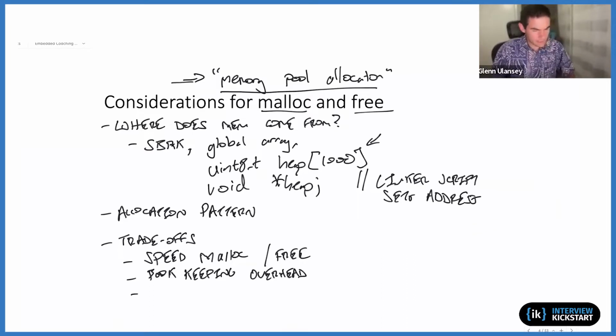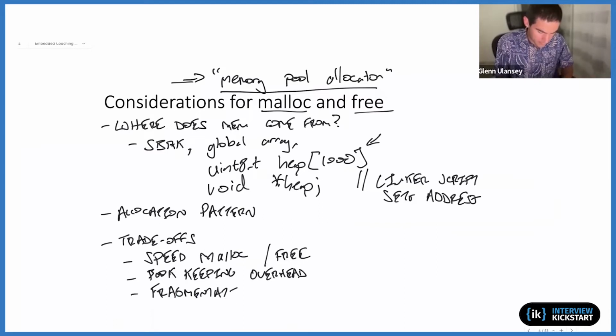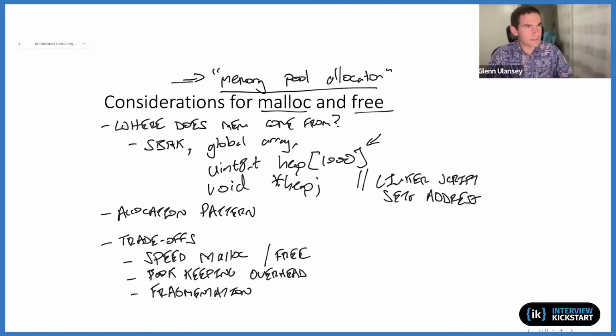And then, not the final trade-off, but one other major trade-off is what sort of fragmentation we are going to expect from a particular design, both internal and external fragmentation. And is there a way for us to fix fragmentation at runtime, or is fragmentation going to be bad once it is bad?